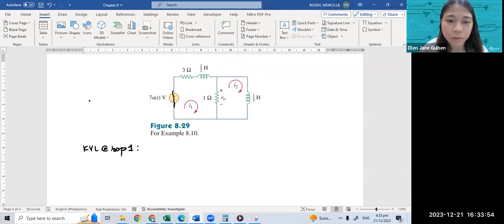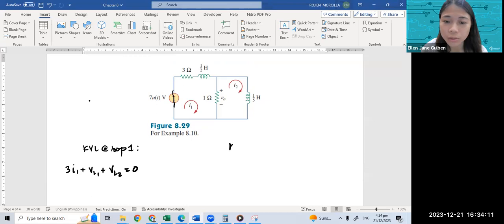Well, at group 1, we have 3 I1 plus VL1 plus VL2 equal to 0.